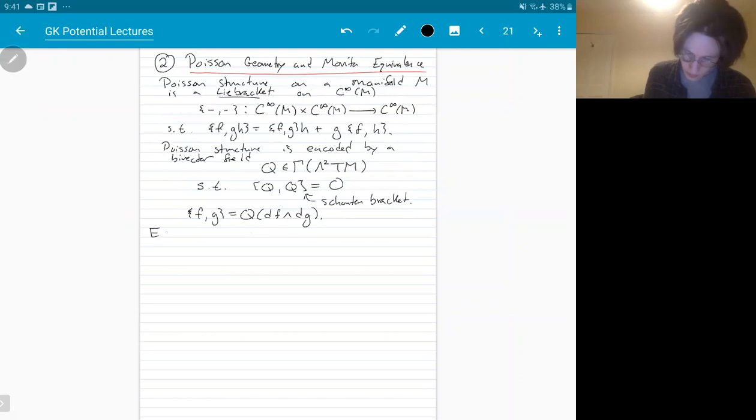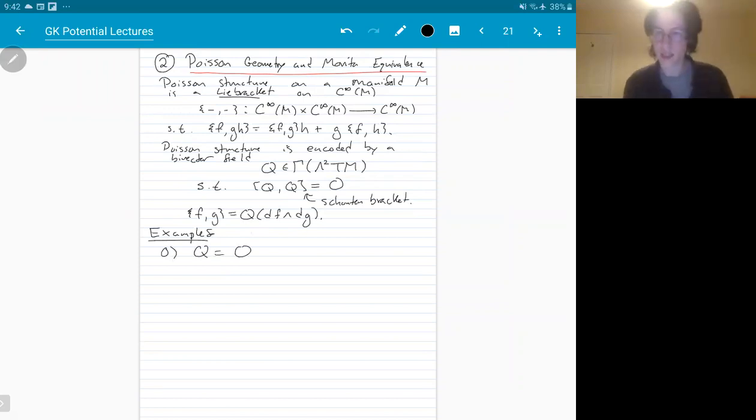So let me just say there's a couple of examples. The zeroth example is just setting it to 0. It's a Poisson bracket, but it's the most trivial one. Another special case is if you have a symplectic form.